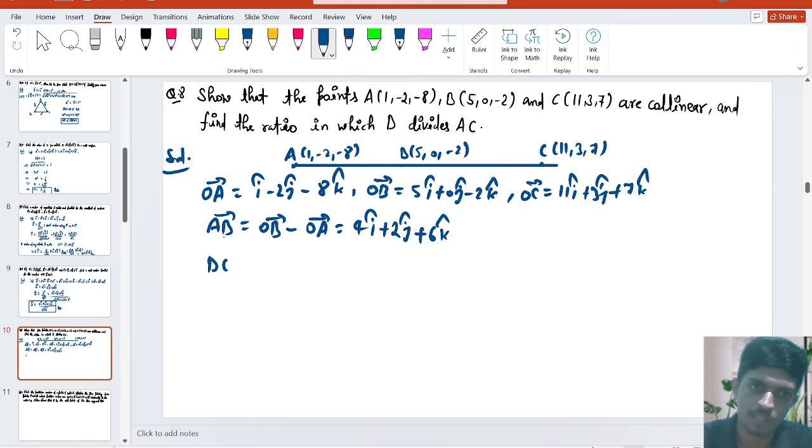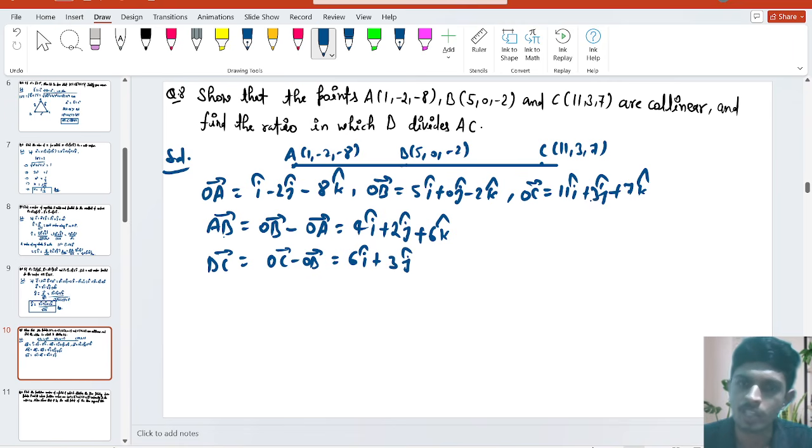So taking the vector BC here, BC is vector OC minus vector OB. Simplify it: 11i cap minus 5i cap becomes 6i cap, and 3j cap minus 0j cap gives 3j cap.